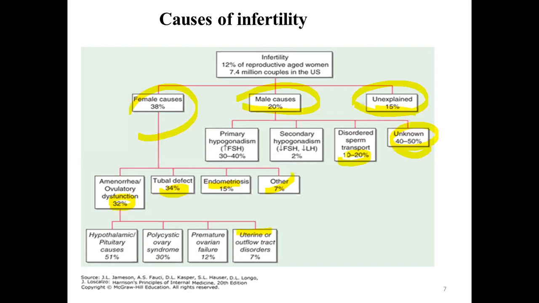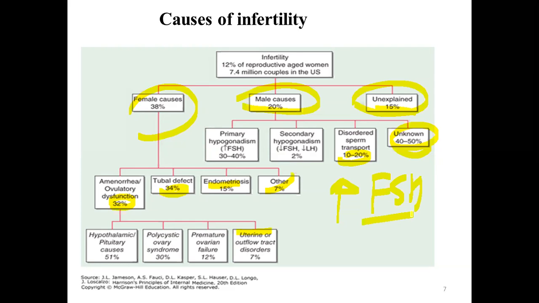Remember, when you say primary hypogonadism, the problem is in the reproductive organs, the gonads. As a result, the follicle stimulating hormone level in the serum will be very high in primary hypogonadism.